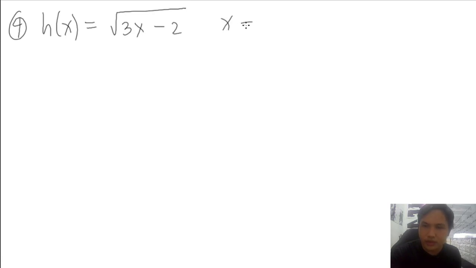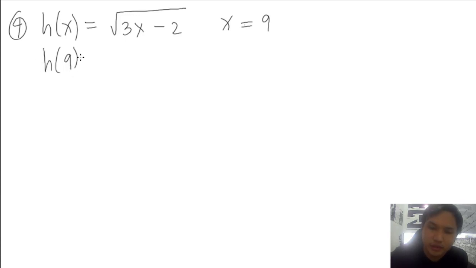Example number 4, bigyan ko kayo ng radical. So, we have siguro h of x equals the square root of 3x minus 2. Evaluate natin sa x equals 9. So, ang hinahanap natin is h of 9. So, palitan natin ng 9. H of 9 equals the square root of 3 times 9 minus 2.